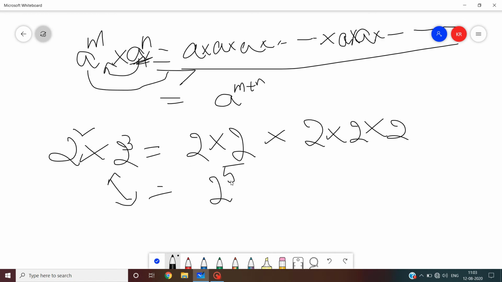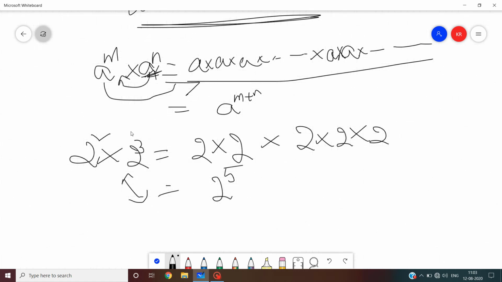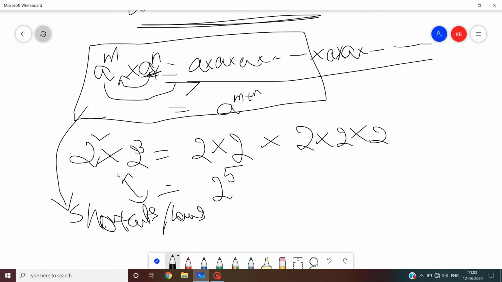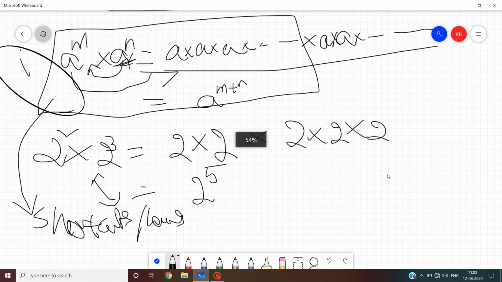That means 2 plus 3 gives 5. So this is called the first law of index, which makes our problems easier. These can be called shortcuts for index, or laws of index. So the first law is a power m into a power n is equal to a power m plus n.